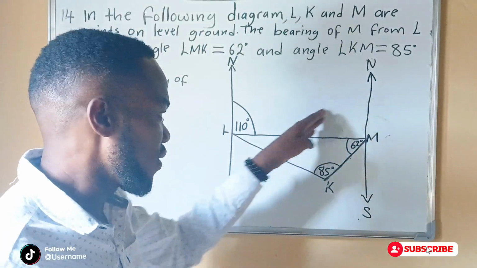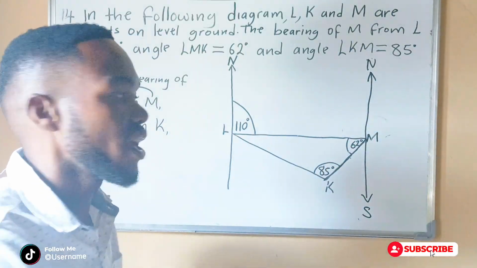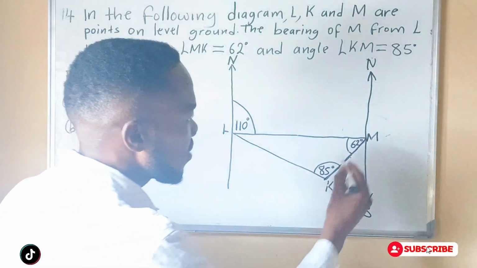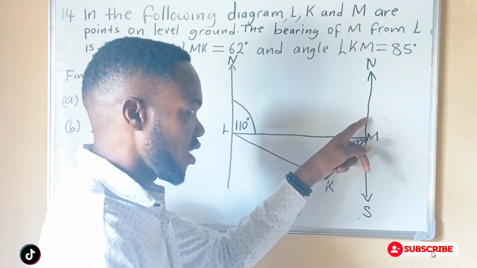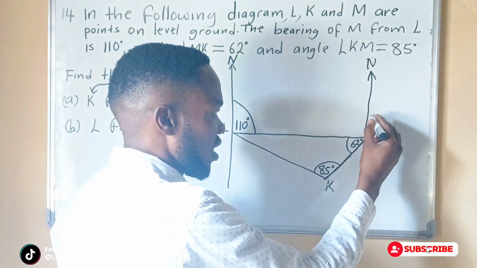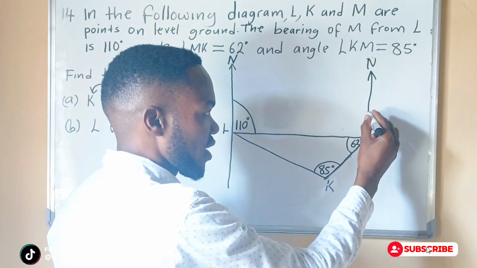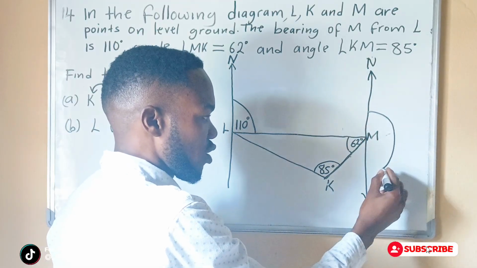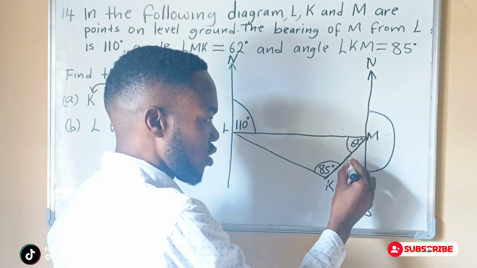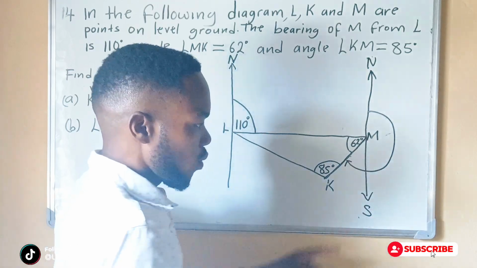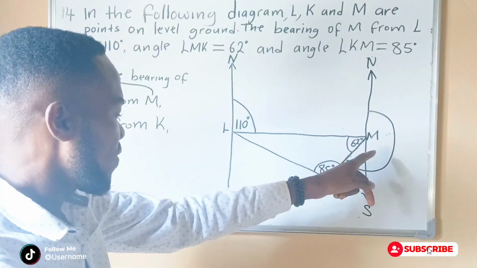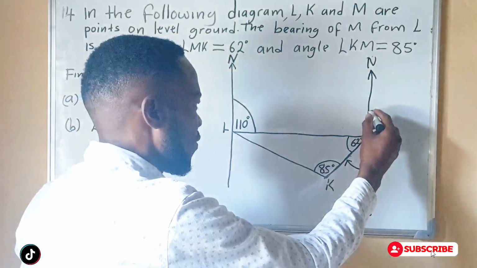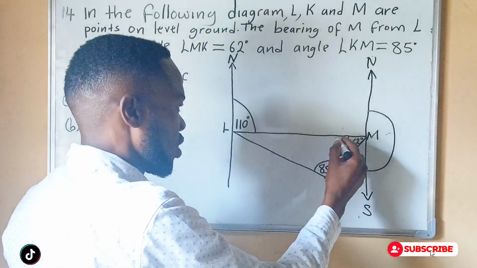You never move in the other direction. It's wrong according to bearing. The bearing must always go in this direction. So where there's M, the north point is starting here. You can start anywhere here. This north point represents point M. You move in this direction and go to the side where there's K. If it was saying the bearing of L from M, you would have moved like this up to here.